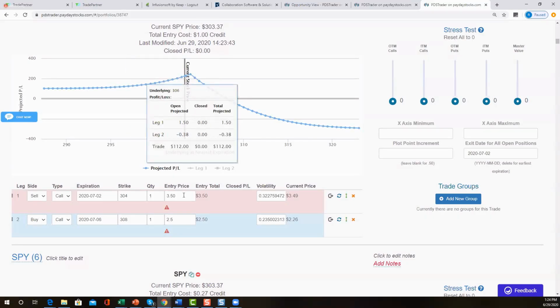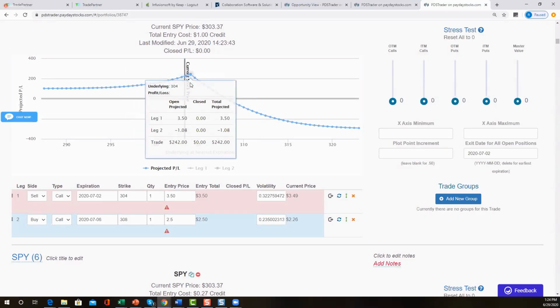This neutral position here shows almost $200. It's not actually $242. It's not going to be $242. It's showing a 308 as being worth about $1.40, and that 308 is not going to be worth $1.40. It's probably going to be closer to $1.